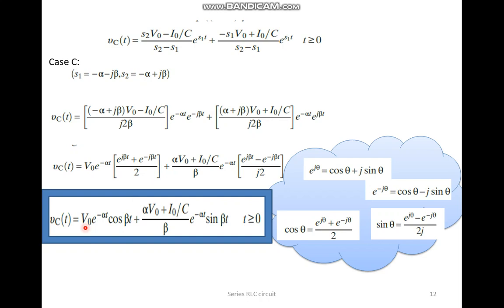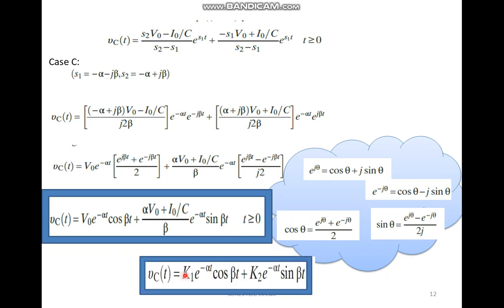So in general expression, we can write it in the form of k1 constant e raised to the power real part of root times t cosine of imaginary part of root times t plus constant k2 times e raised to the power real part of root times t sine of imaginary part of root times t, when roots are complex conjugate in the form of minus alpha plus or minus j beta.